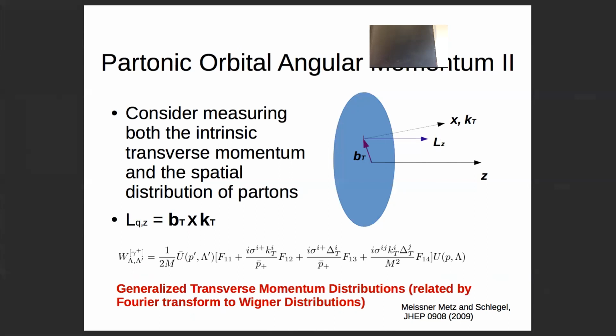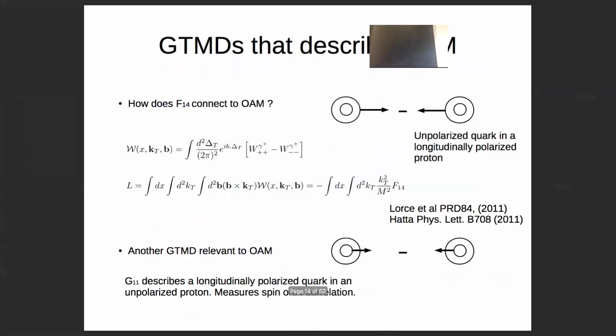And this GTMD right here actually connects to OAM. So if you think of a longitudinally polarized proton and unpolarized quarks inside, it gives a probability density of unpolarized quarks in a longitudinally polarized proton, and we weight it with the operator that we want to calculate. So this is the orbital angular momentum part of it. We find that the orbital angular momentum is basically this kT squared moment of that function.